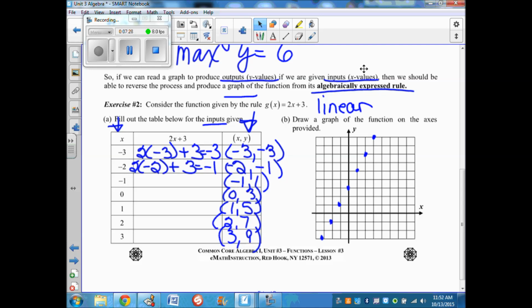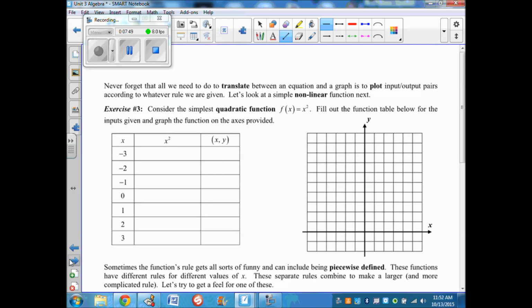So I'm just going to make this a line segment. We could go on, we could extend that, but because that table is there, I think I'm just going to leave it as that, a line segment. All right? Let's go ahead and flip the page.